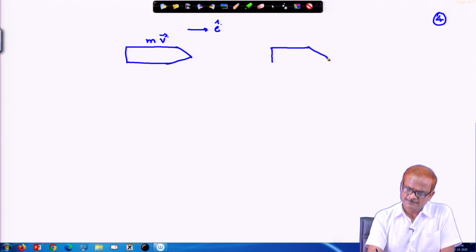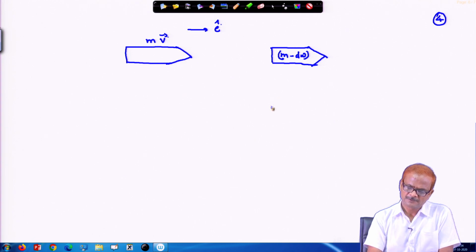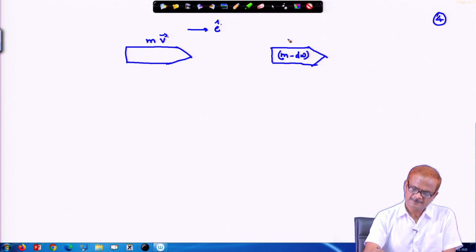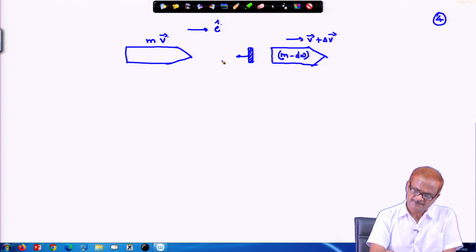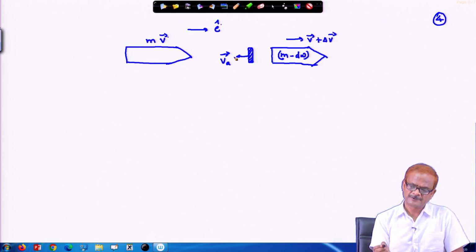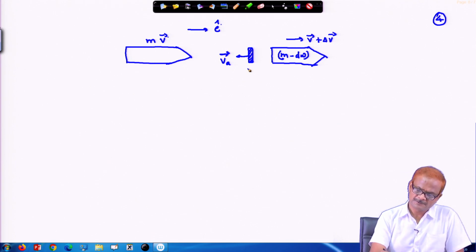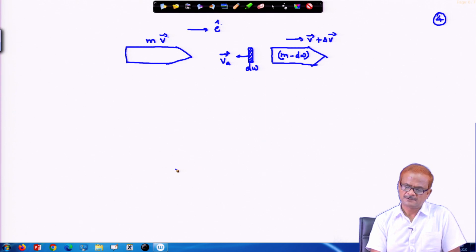Thereafter, out of this a small mass dw is burnt out, and this is then the mass of the rocket, and its velocity becomes v plus delta v, and this delta w is thrown out with an absolute velocity v a, okay, and this is the weight delta w.